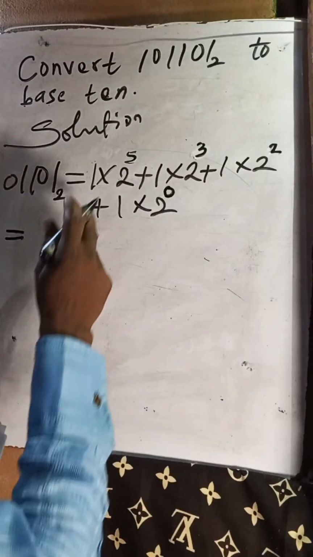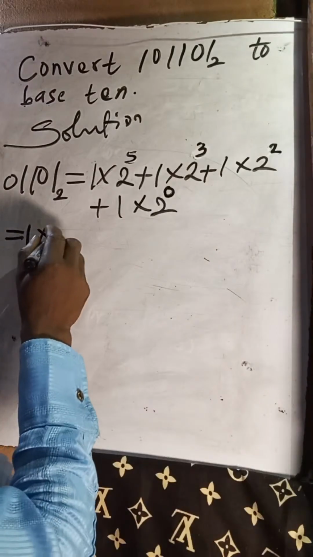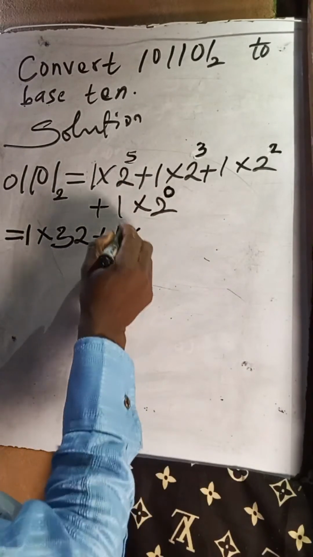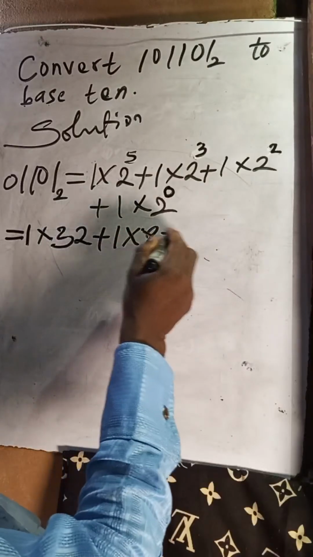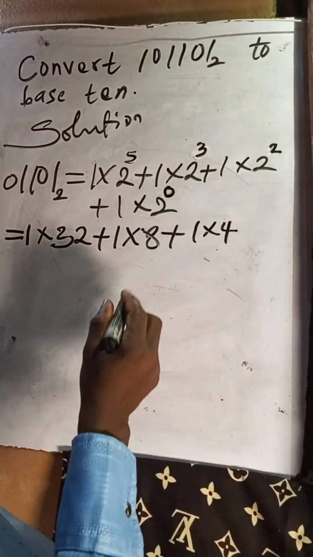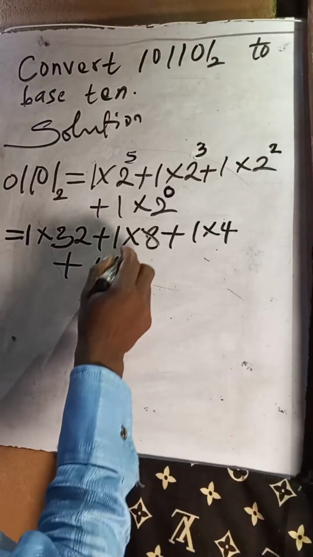So let's proceed. The whole of this, this is 1 times 32. This is 1 times 8. Because this is 1 times 4. Okay. And this is 1 times 1.